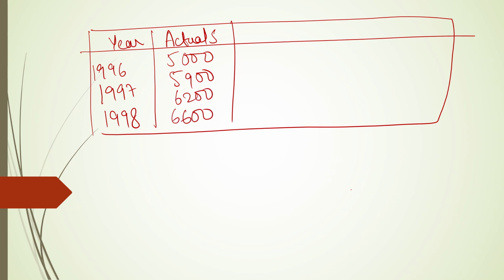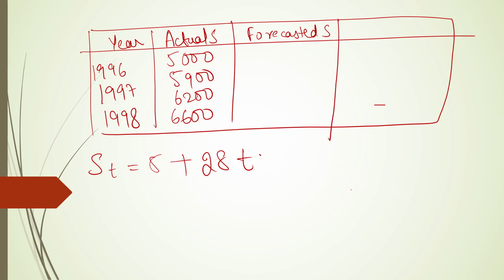Then you'll be given an equation in the question, like St = 5 + 28t, and you'll have to calculate your forecasted sales.